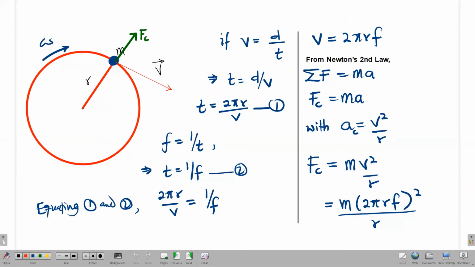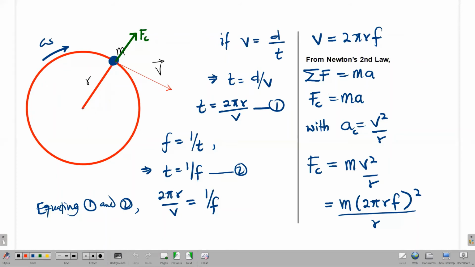Alternatively, we can find the centrifugal force by doing this analysis. If V is equal to d over t, which is distance over the time taken, then we can say that t is equal to d over v. It's just basically changing the subject.